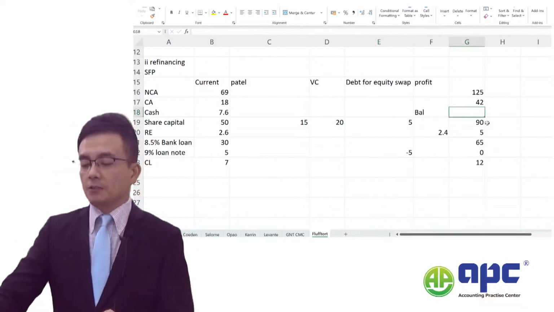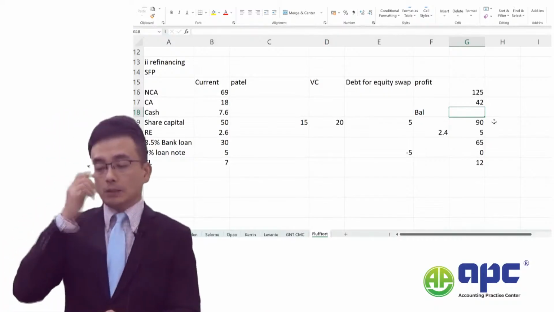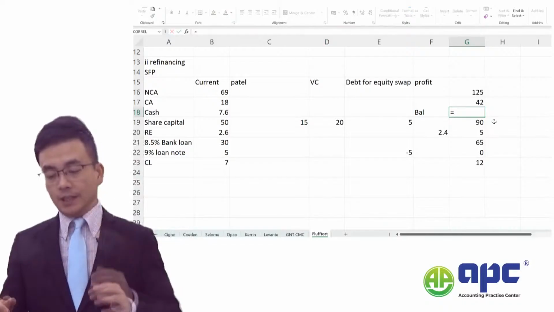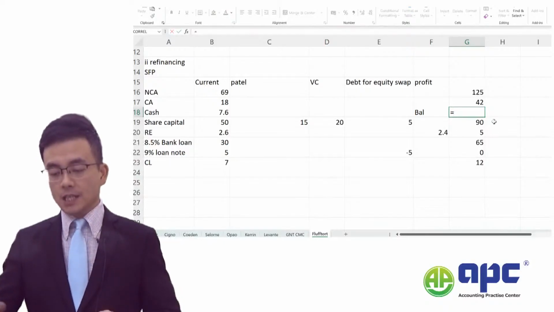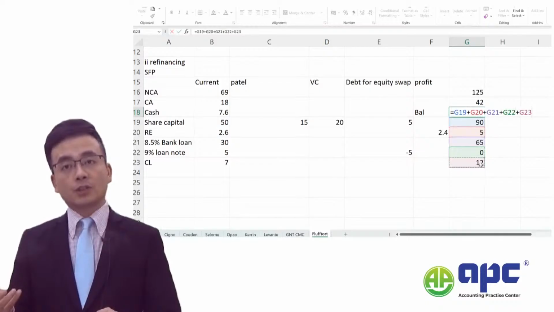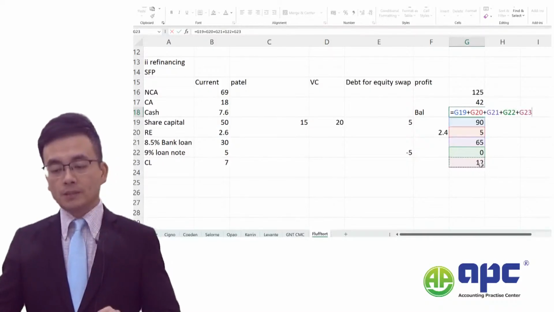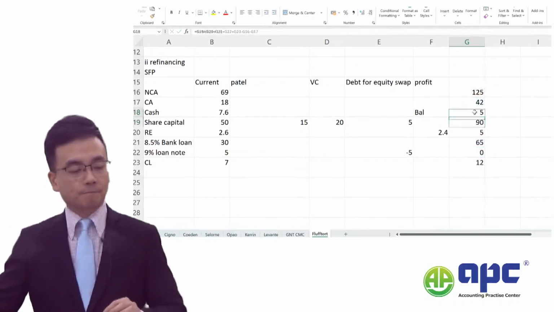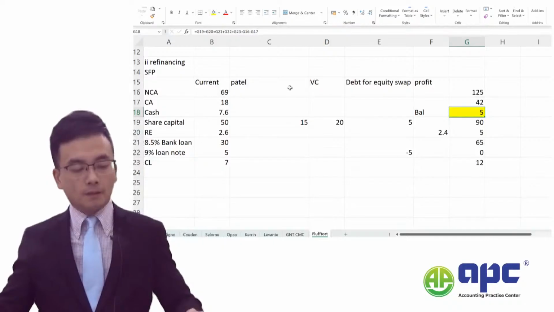But the balancing figure, of course, is total assets equal to liabilities plus equity. Now we've got liabilities and equity: 90 plus 5 plus 65 plus 0 plus 12. That will be equal to total assets. So that's why we subtract the remaining assets. That will give me the balancing figure of 5 for cash. That's all we can do.